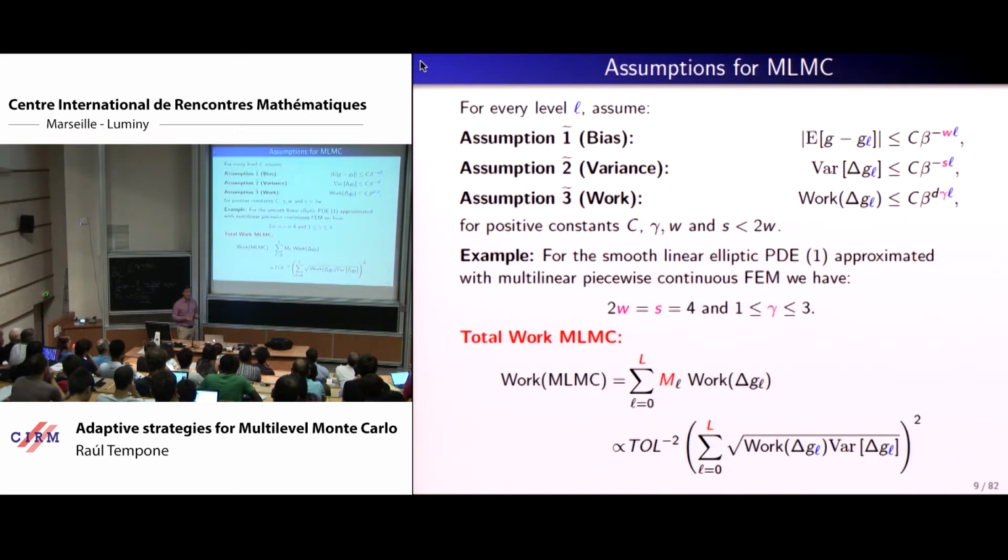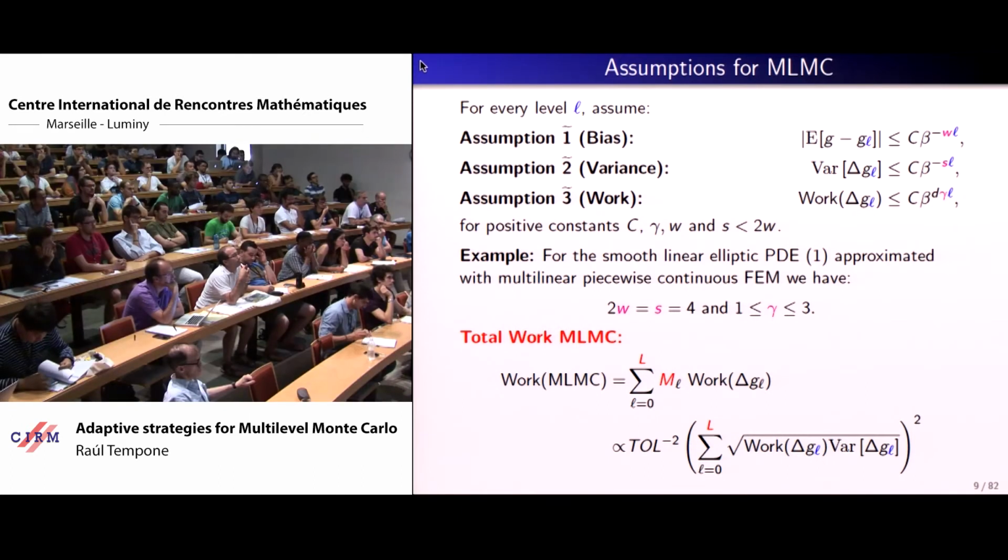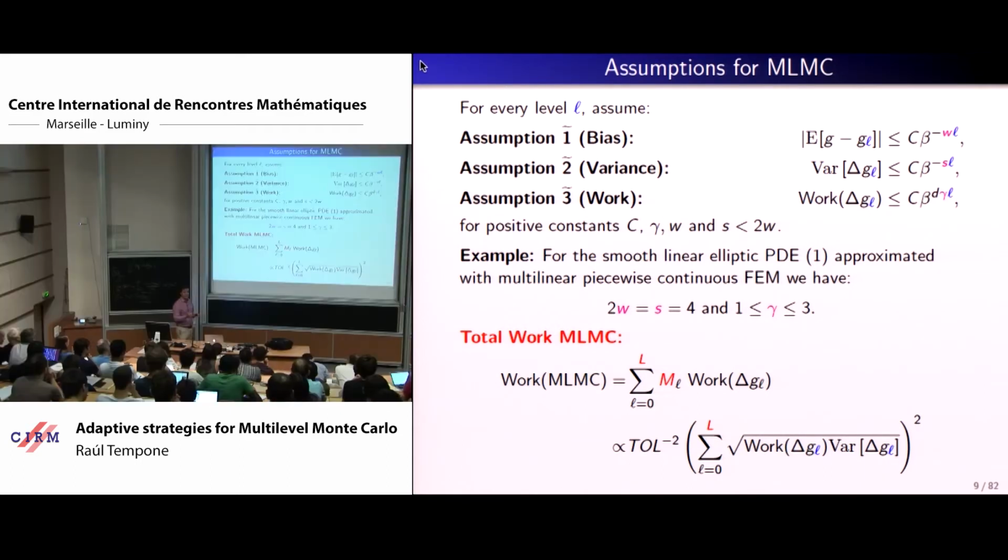You have to satisfy the bias constraint, right? So the bias constraint essentially was h to the w less than tol, and L is coupled directly with this h to the w. So L essentially goes to infinity like the logarithm of tol, absolute value. Say that's the ballpark. You may have log terms on top of that, but it really is log tol.